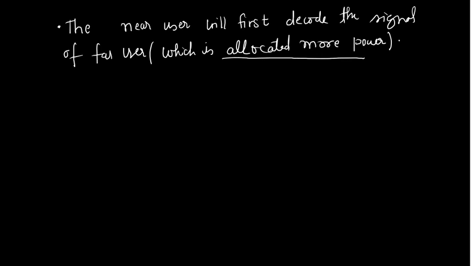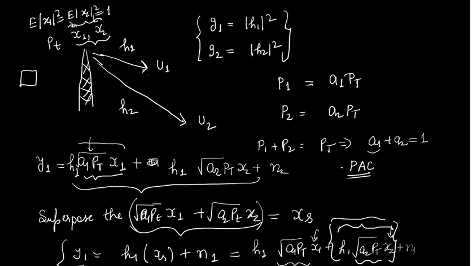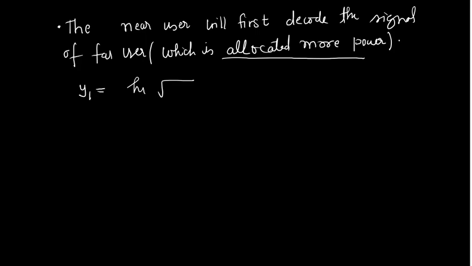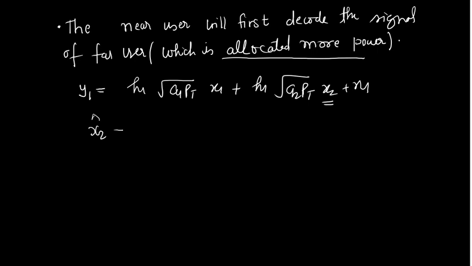So the total signal is y1, h1 root a1 pt x1 plus h1 root a2 pt x2 plus n1. So user 1 will first decode the signal x2 from y1, and then it will subtract this part.